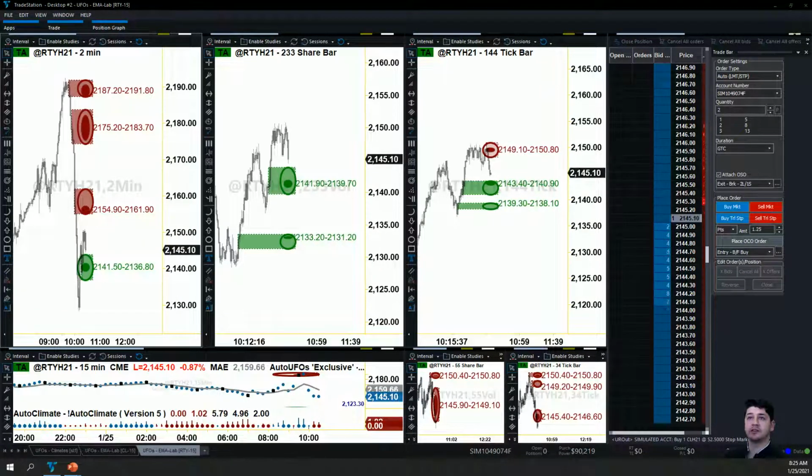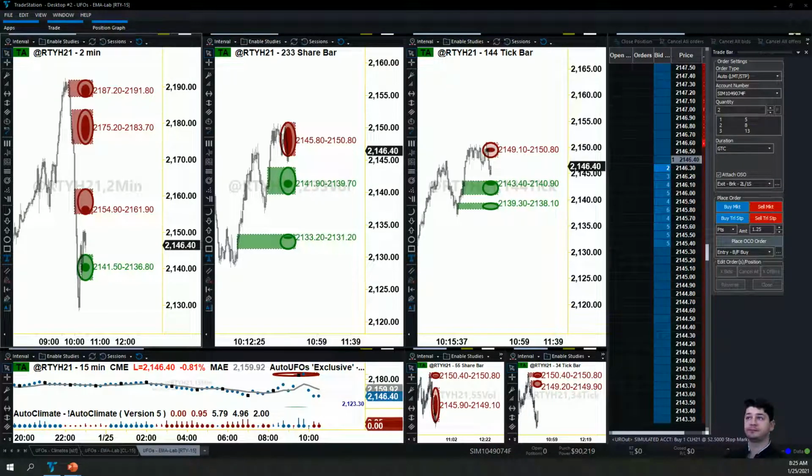Let me just take a look at the risk. We do have another one that just formed there, but unfortunately that's not within the moving average range. Let me just go ahead and open up RTYH21 on TradingView.